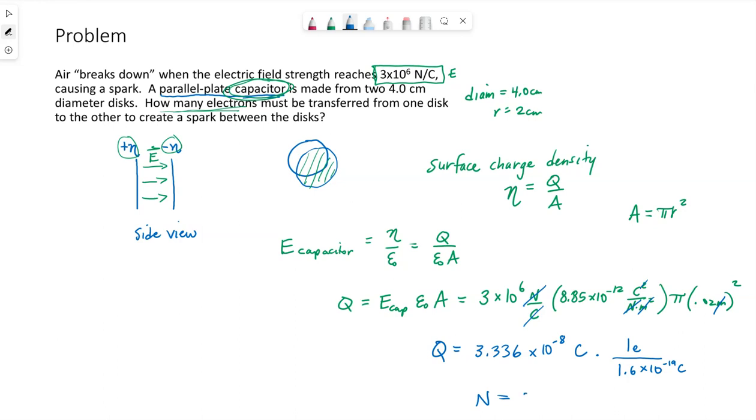And we're getting essentially 2 times 10 to the 11 electrons. That's a lot of electrons. So knowing the electric field, we could find how much charge, and then from that charge we can find the number of electrons that had to move to give us that charge separation.